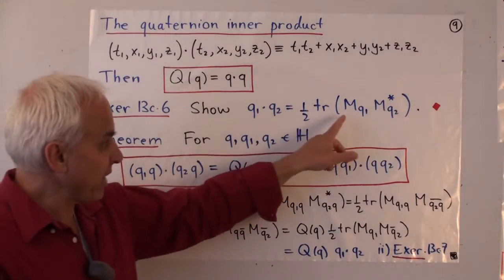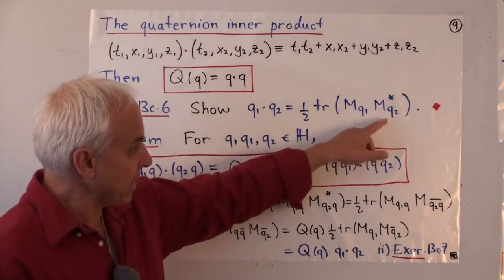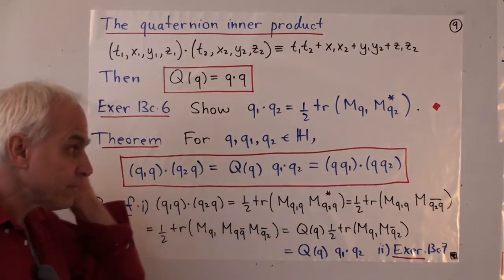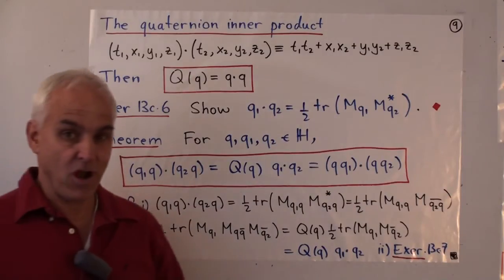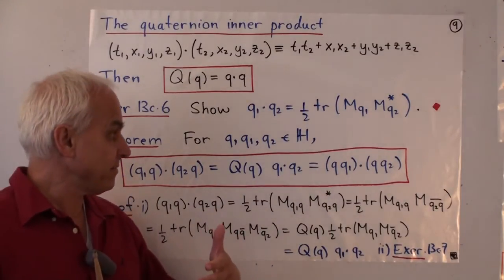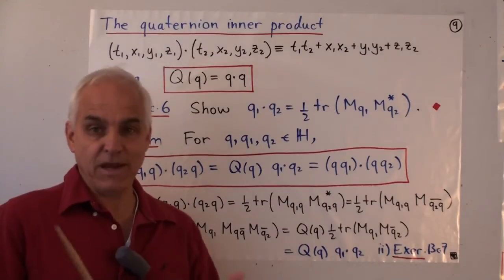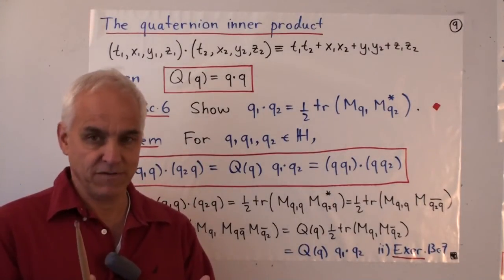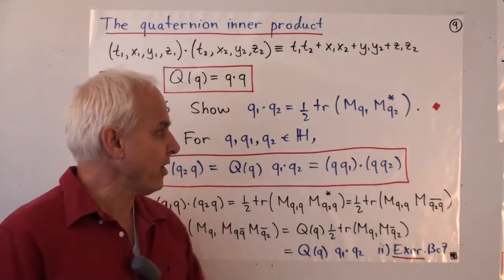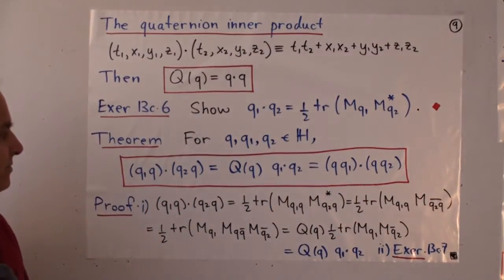So it's one half trace of the product of MQ1 times MQ2 star. This kind of thing in linear algebra is quite common, to find an inner product on matrices by taking the trace of a product, or the trace of a sort of Hermitian product in the complex situation.